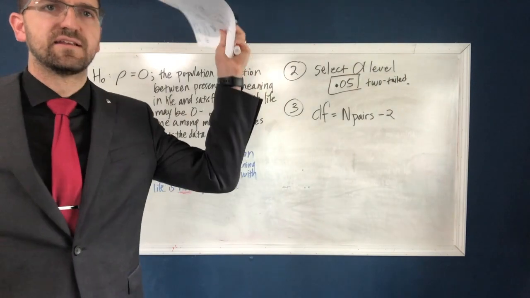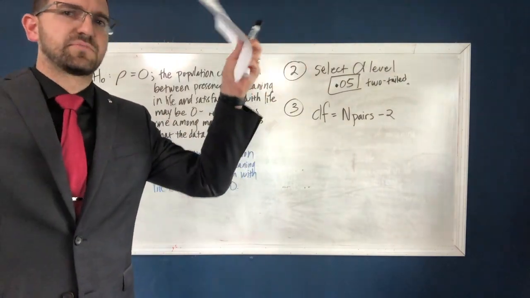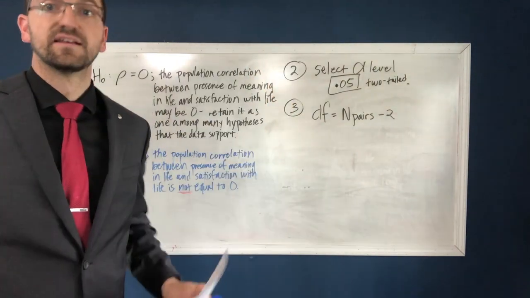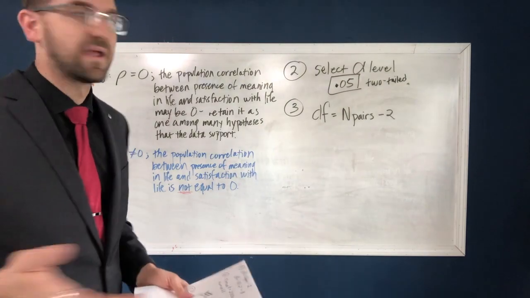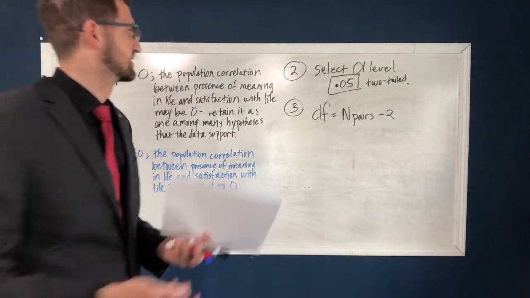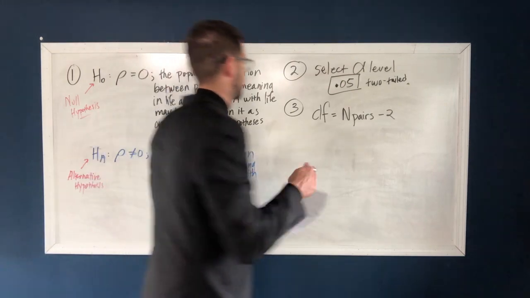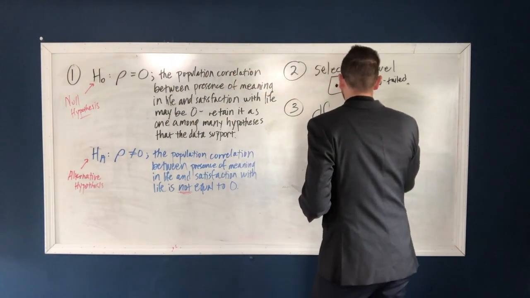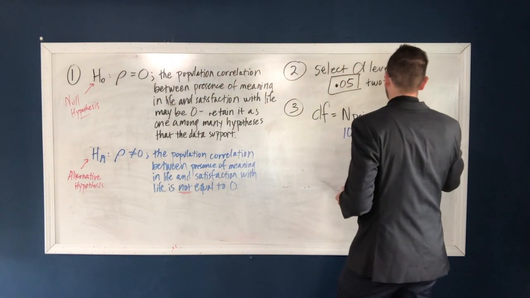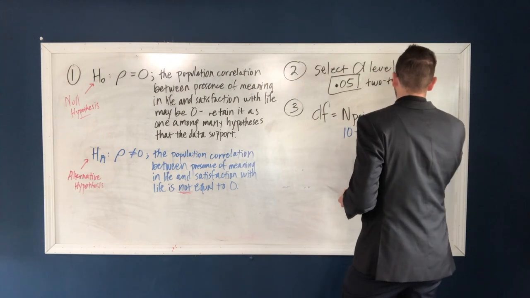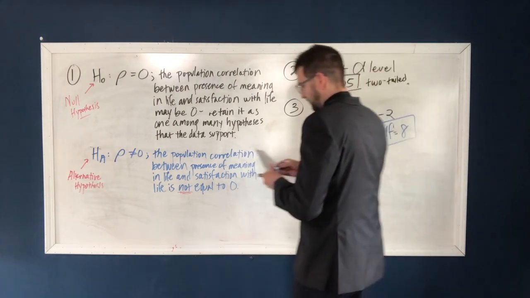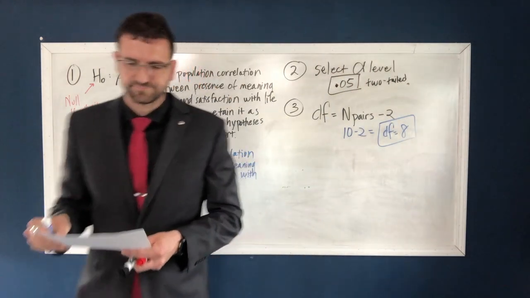Participant 1, meaning, satisfaction. Participant 2, meaning, satisfaction. So there's 10 pairs minus 2. 10 minus 2, we have 8 degrees of freedom.